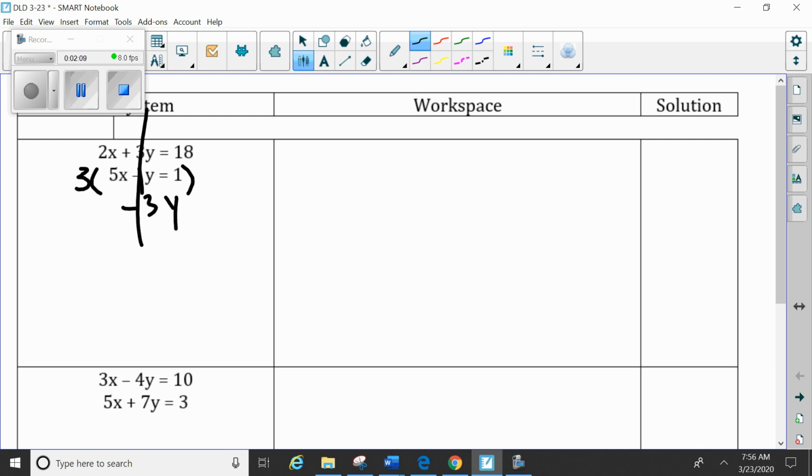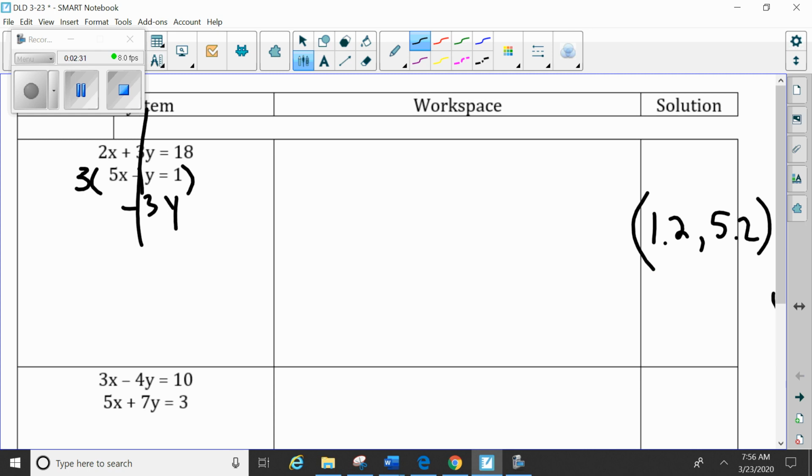I'm not going to go over the entire problem. I'm going to put the answer on the side. I worked out all these problems yesterday, and the answer should be 1.2, comma, 5.2. There's the coordinate of your solution.